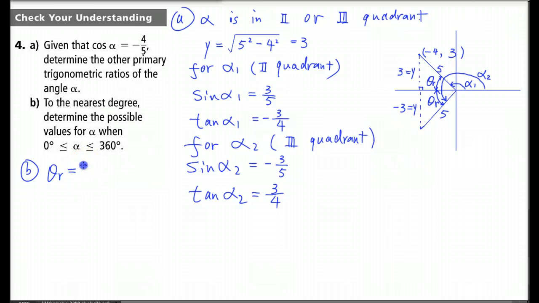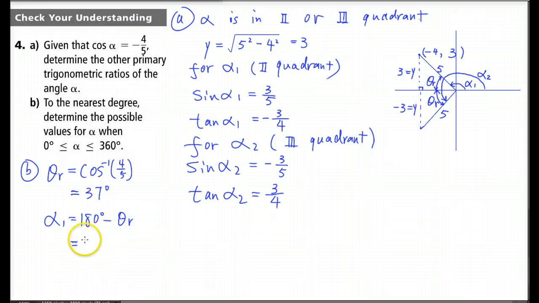Let's use cos inverse of 4/5. Now, again, I didn't put a negative. This one should be 37 degrees. And since you get the reference angle, I can easily tell the alpha 1 is 180 minus the reference angle.